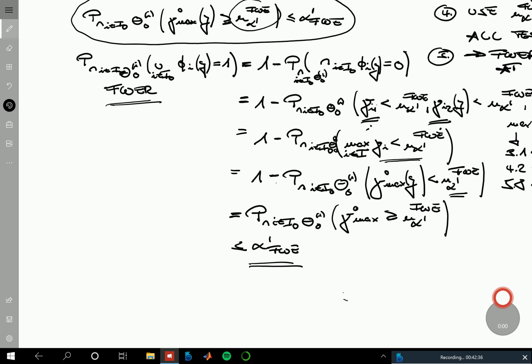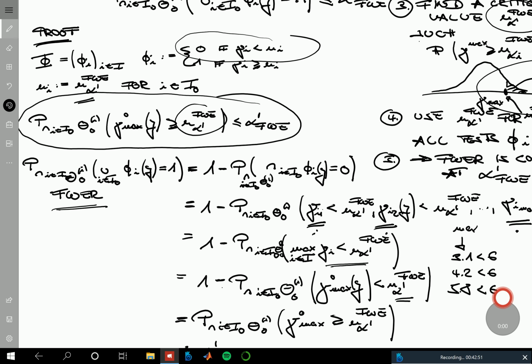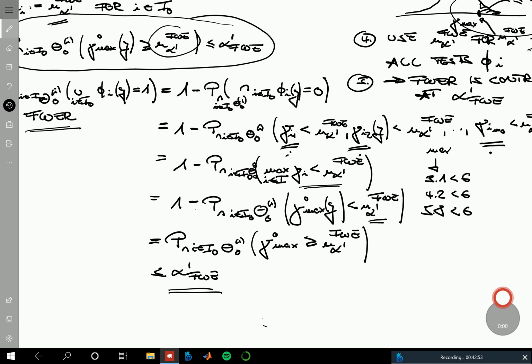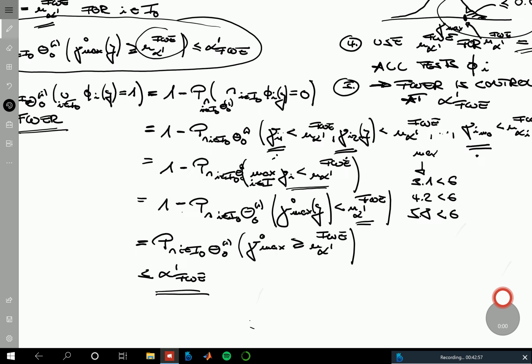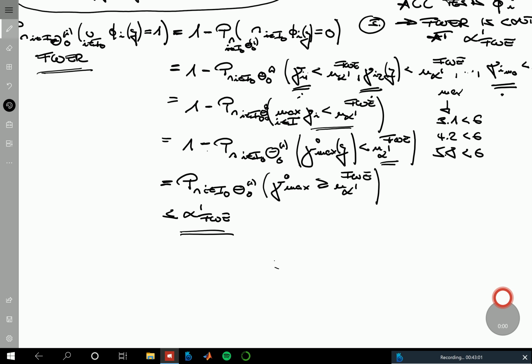So the main difference between Bonferroni and this approach is that for Bonferroni, you need to assume that all the tests are independent, so that the test statistics are distributed independently. Here you don't need to assume that. What you need here is the distribution of the maximum. That's the fundamental difference.